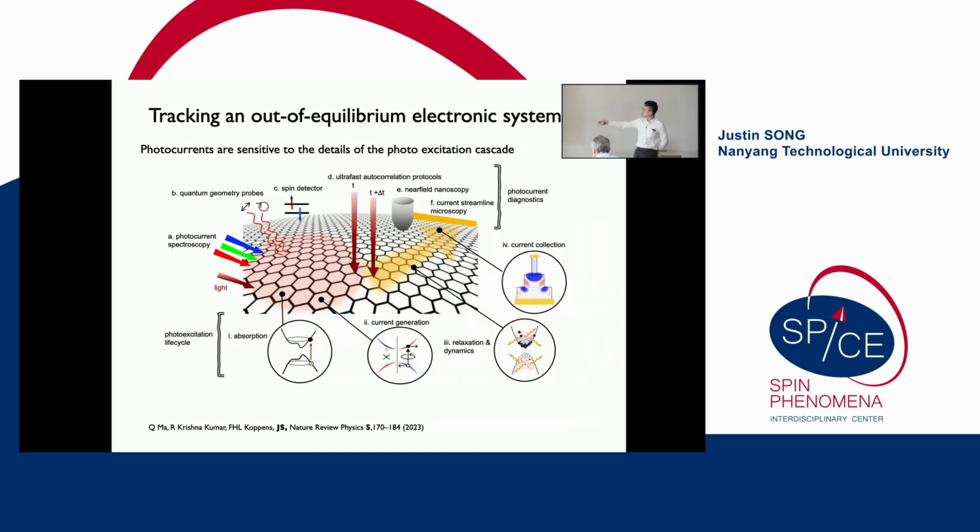From absorption to relaxation to current collection. There are many scattering processes which go into it. So any small change in the distribution function can inevitably influence what you collect at contacts. And so photocurrent is quite a nice diagnostic of the way you push a system out of equilibrium.